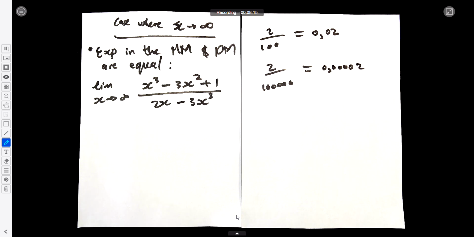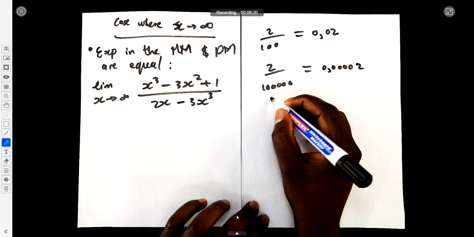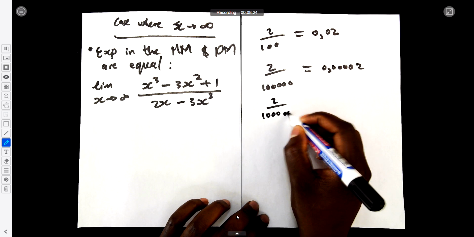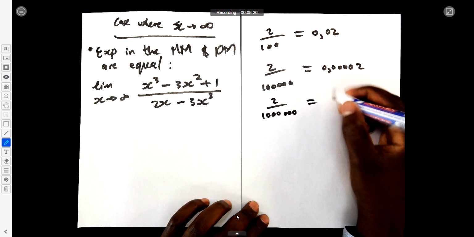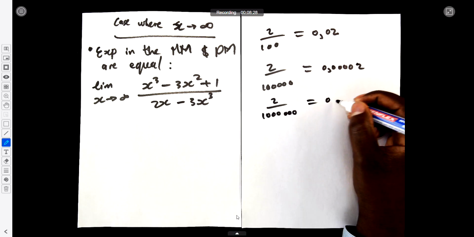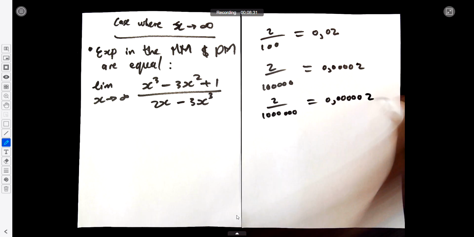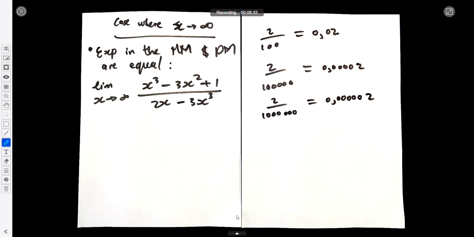So I hope you see what is happening. The more I divide, in fact, I can even say 1 million. Let's say we divide 2 by 1 million. So we're going to have 0.000002. So I hope you see what is happening in the trend.